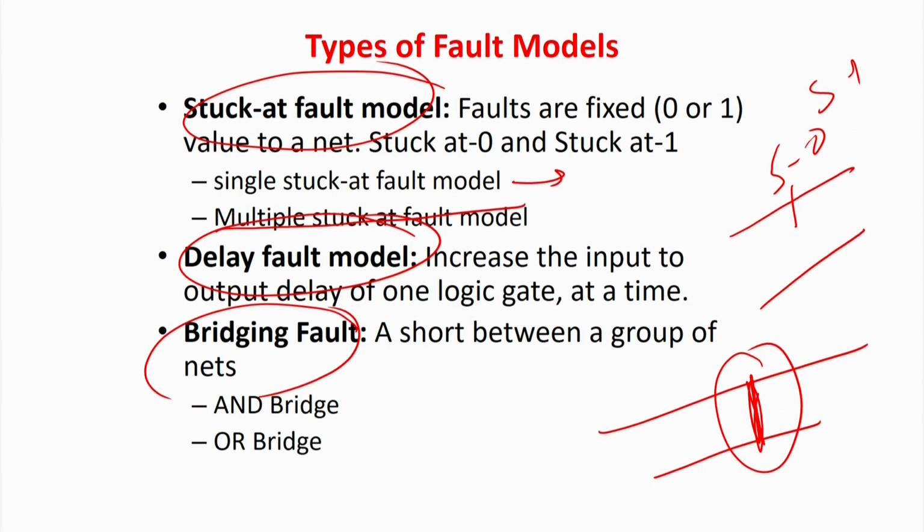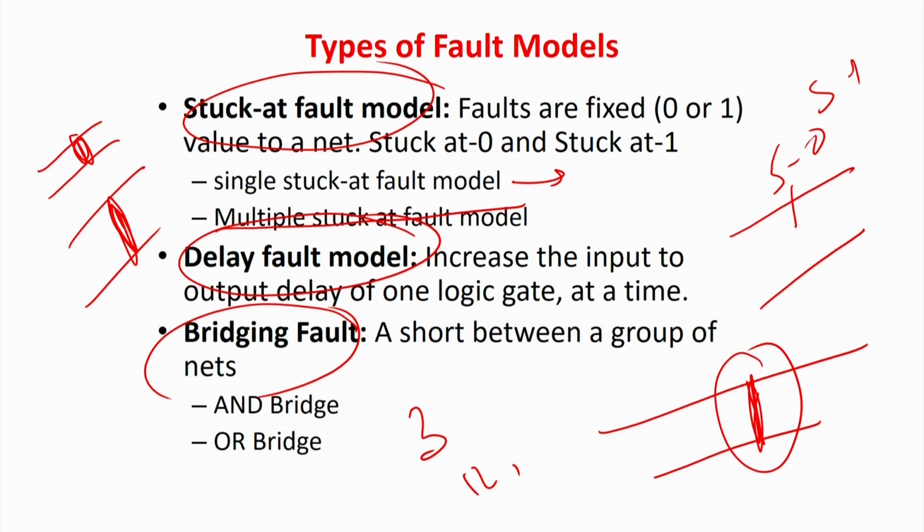That means if there are 3 lines, I will take 1, 2, then I will take all the combinations, one at a time. For example, if I have 4 lines, 1, 2, 3, 4, I will see whether these 2 lines have a bridging fault or not, but I will not try to simultaneously assume that these 2 bridging faults are there.